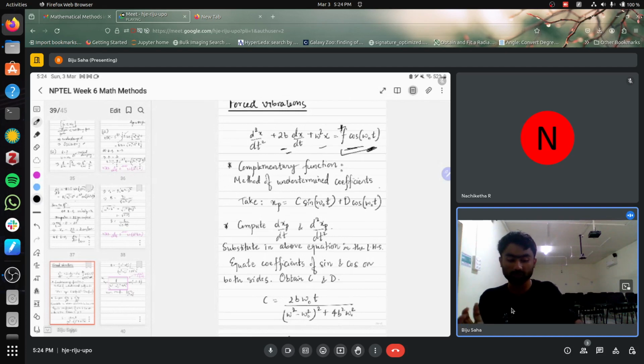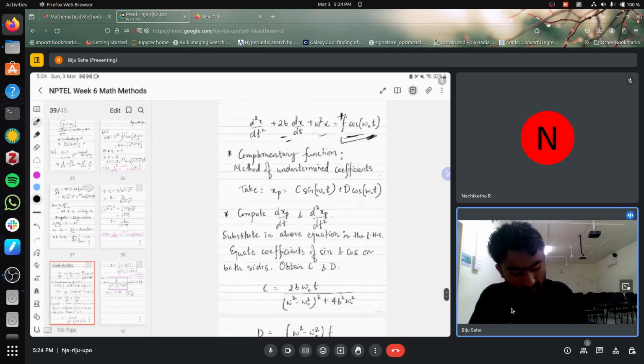To solve this equation, again we first have to know the solution to the homogeneous differential equation, and we can use any method that we learned earlier in this class to get the particular solution. One is the method of undetermined constants, that is looking at the form of the f x or the phi x, then we have to propose the solution and get the values of c and d.